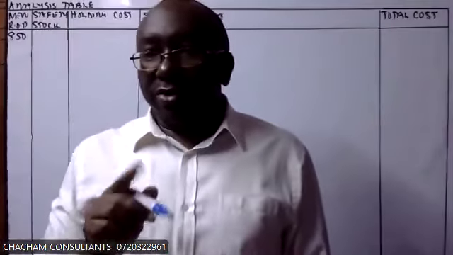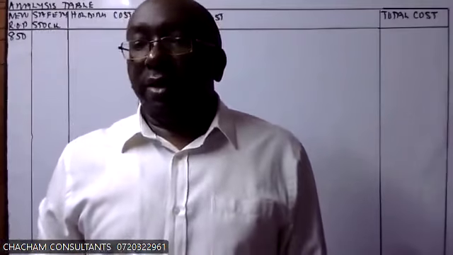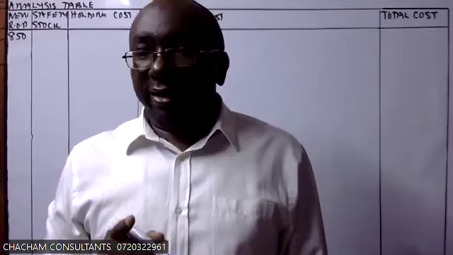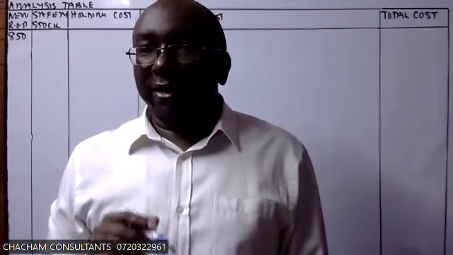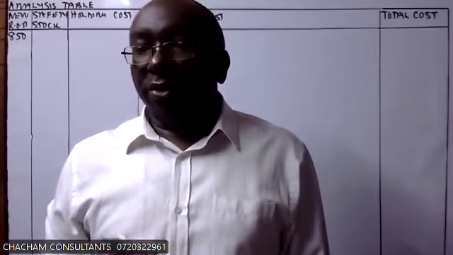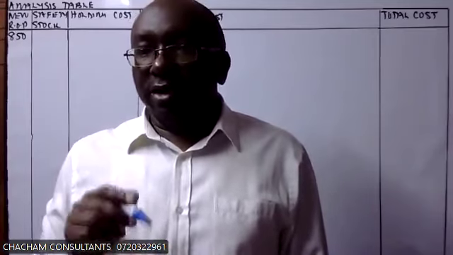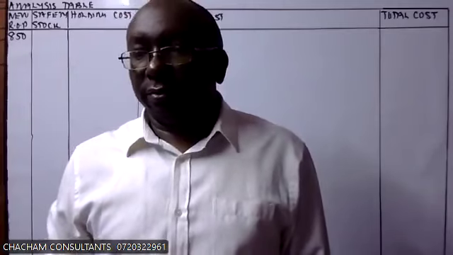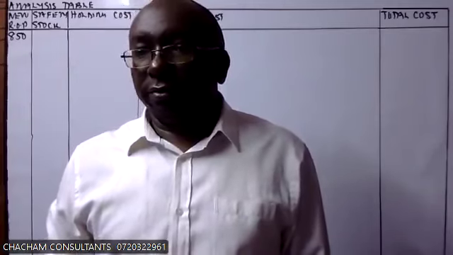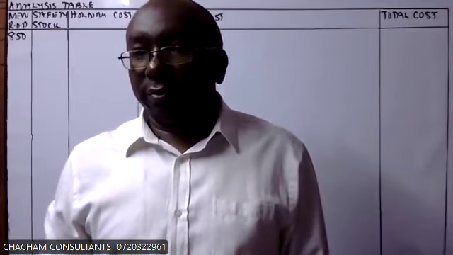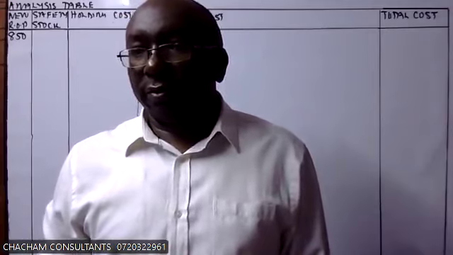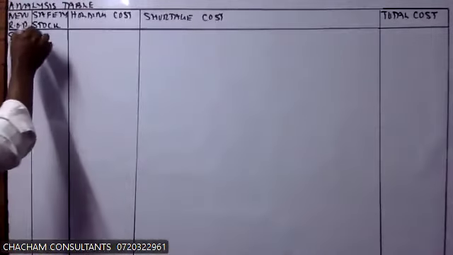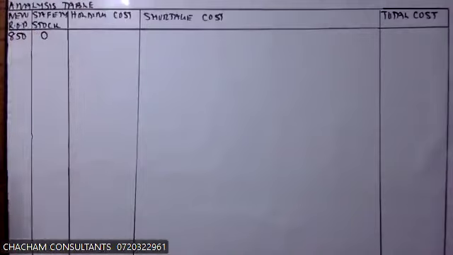Now, there is a formula we wrote yesterday. We said new reorder point is equal to the current reorder point plus the safety stock. So if the current is also the new, what is the safety stock? Zero. Good. So this one is zero if you use that formula.